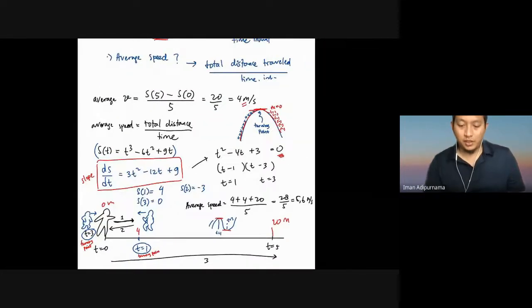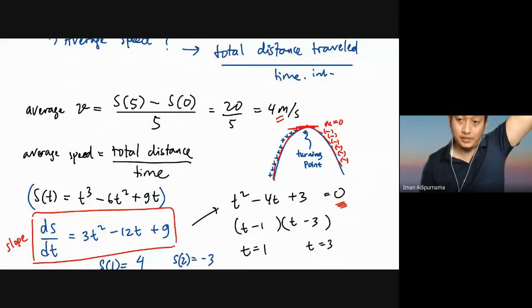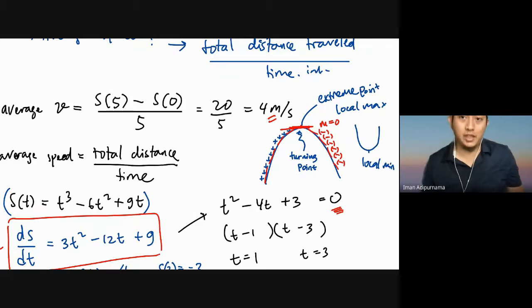Now we are going to elaborate this graph in chapter 4, and we are going to name this our extreme point, or local max, and when you have down like this it will be local min, and we also have the absolute max and absolute min.